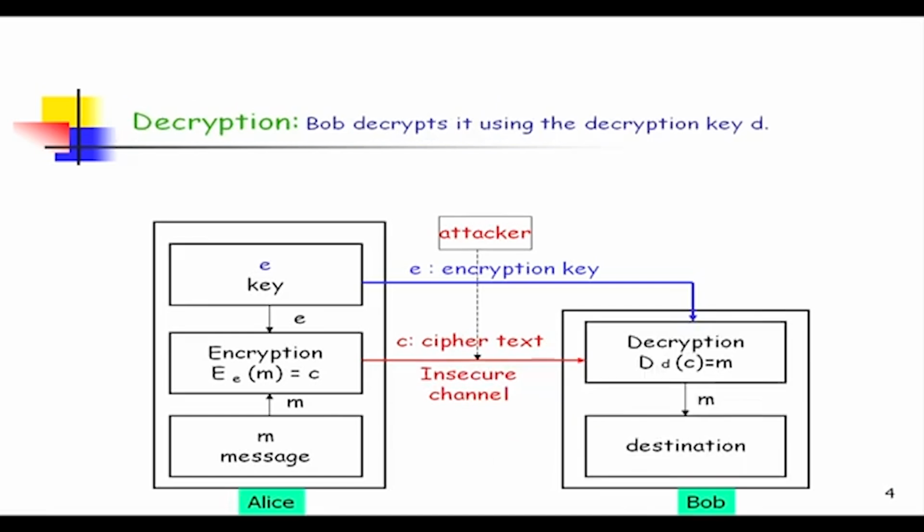Now Bob gets the decryption key, which is most likely the same as the encryption key, the same K, otherwise it is easy to get the decryption key from the encryption key, and Bob applies the decryption algorithm. It could be block cipher or stream cipher decryption, and gets back the message.